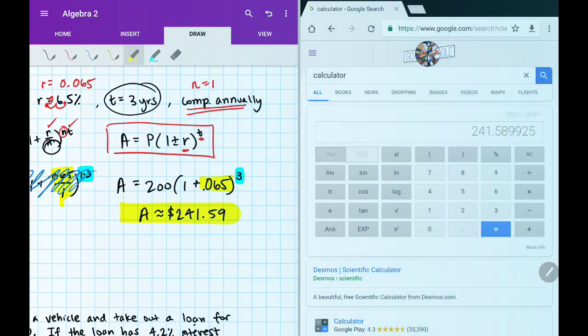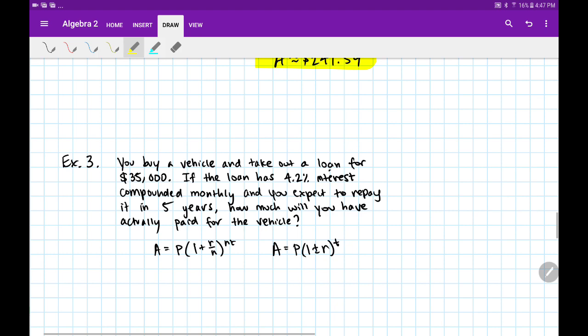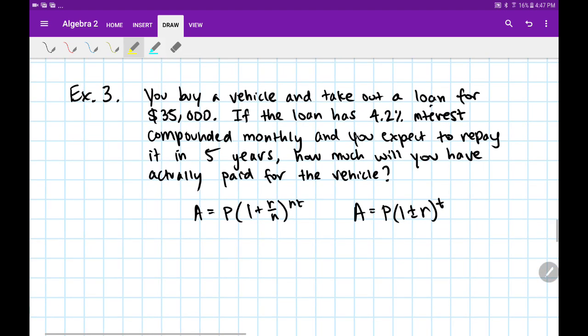So notice that really the bulk of this work is just identifying letters, choosing a formula, and then it's just calculator work. We're just plugging stuff in. This is not really too much thinking going on. So hopefully you feel a little more comfortable.